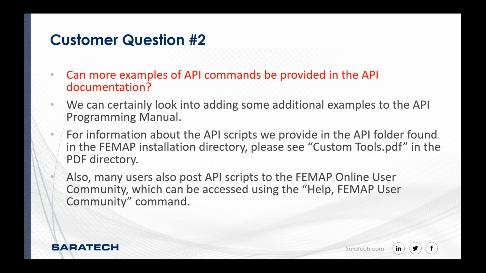So someone had a question about API commands being provided in the API documentation. We certainly do document a lot of them in the API programming manual. Could we add some more? Of course, and we will try to do that, especially as we add new things. Typically, when we put an example into the API programming manual, it's because there's something not quite obvious about the way to use it.